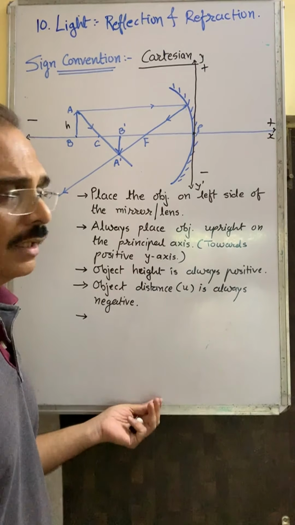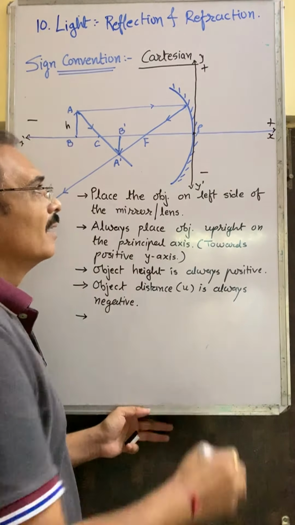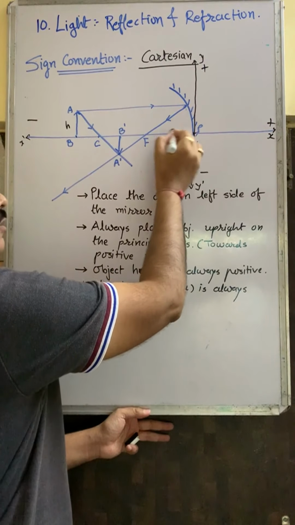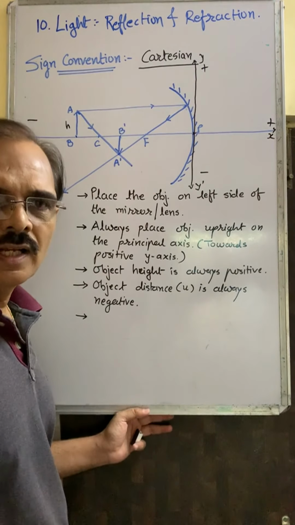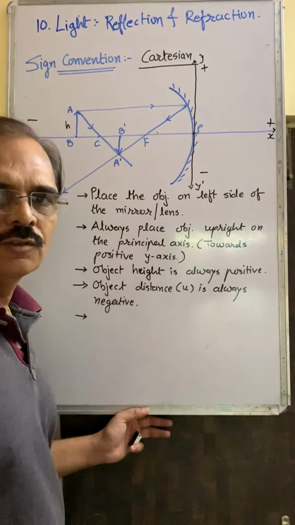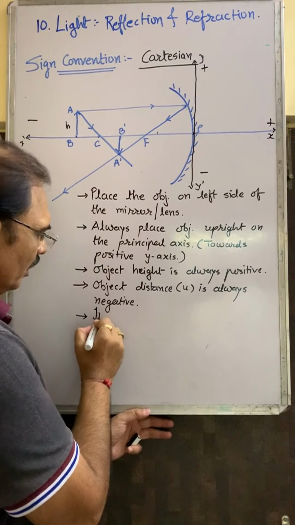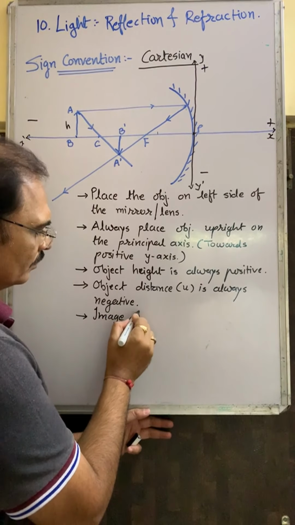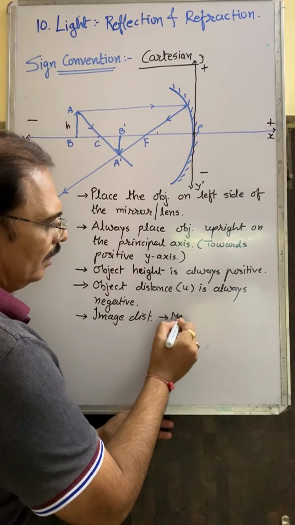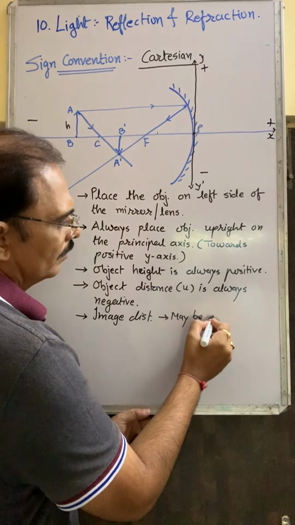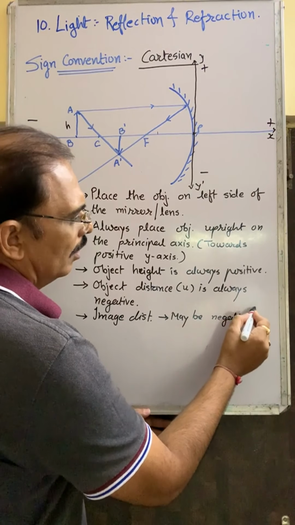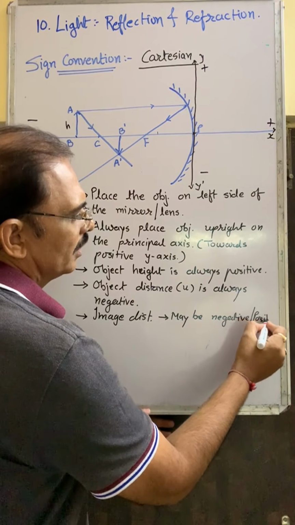Now see, what about image distance? If the image falls on the same side of the object, then it is always negative. And if it falls on the opposite side of the object, then it is always positive. So image distance may be negative or positive.